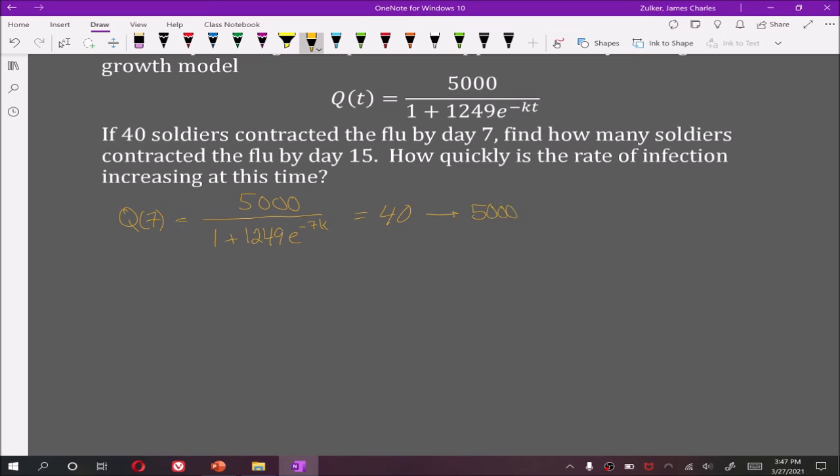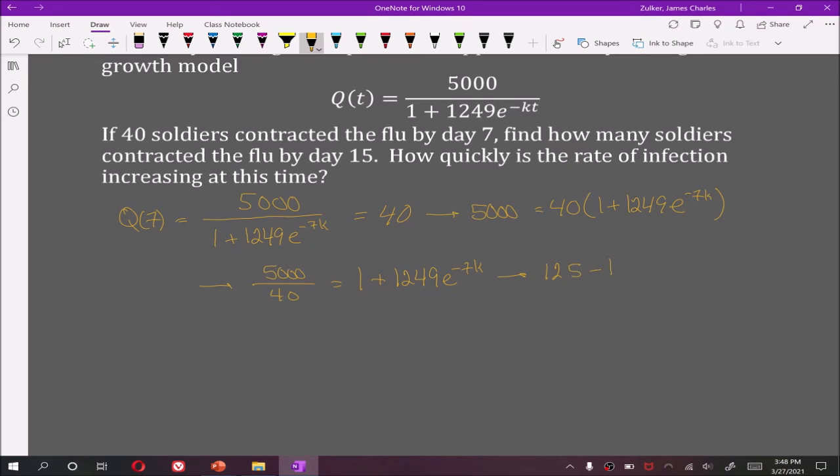Right, 5,000 would equal 40 times 1 plus 1249 e to the negative 7k. 5,000 over 40 would equal 1 plus 1249 e to the negative 7k. So 5,000 over 40 is 125.